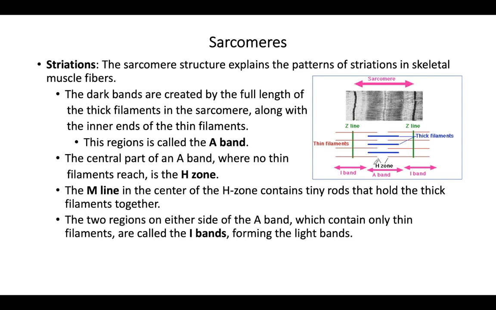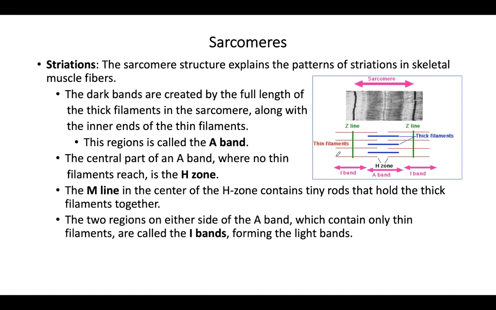Scientists put the name of a band or a zone depending on the behavior of thin filament and thick filament. So if we look at this blue thick filament, we call this region the A band, and only the thin filament region we call the I band.